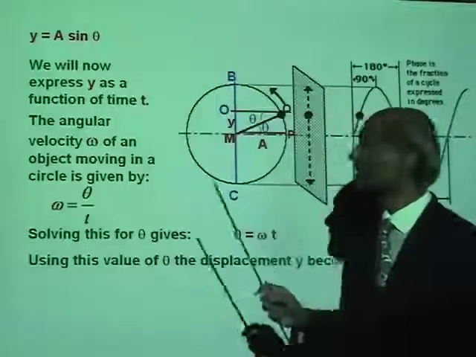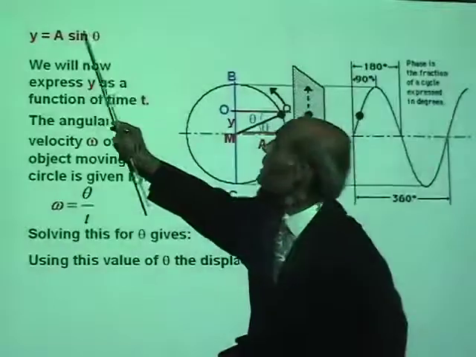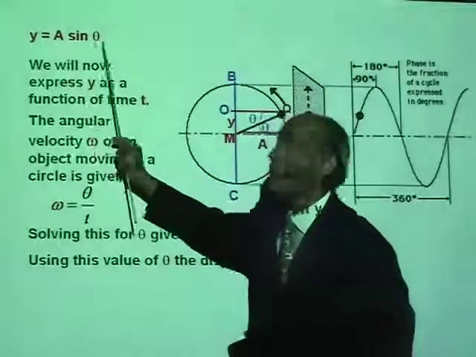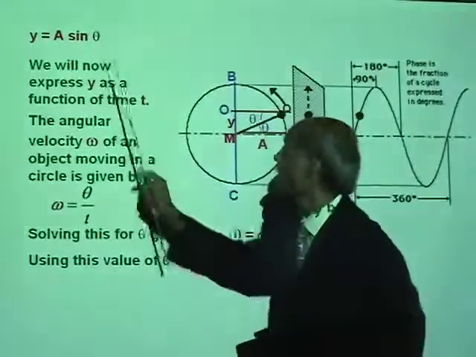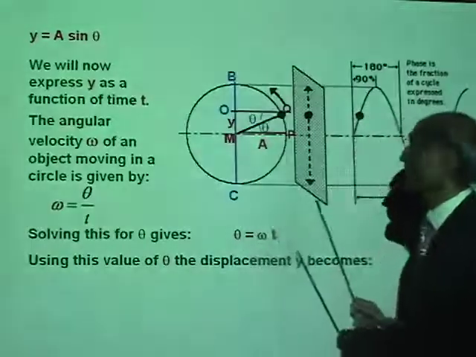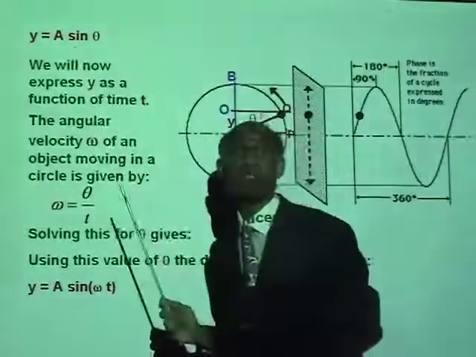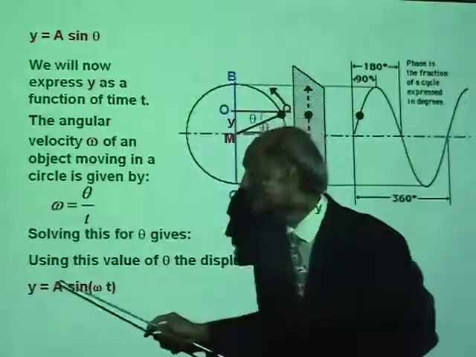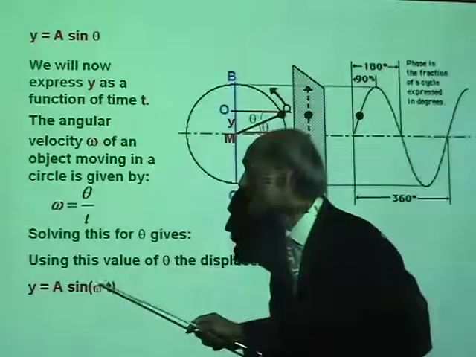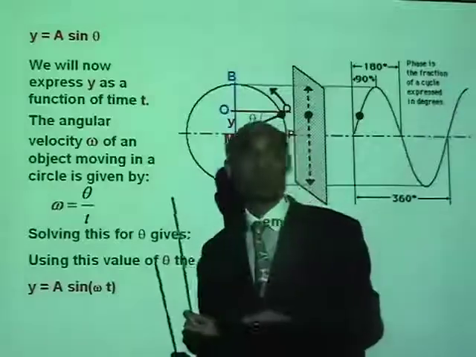Well, what all we need to do is, in the equation for y, replace theta by this quantity. And what is the equation for the displacement y? We have y equal to a sine omega t. Now look at this.